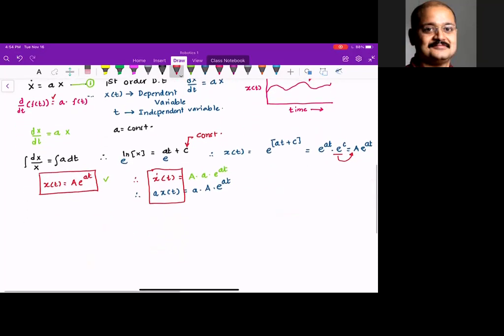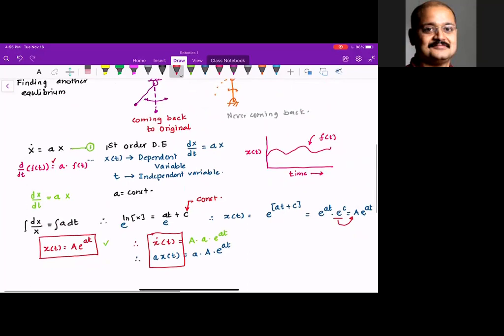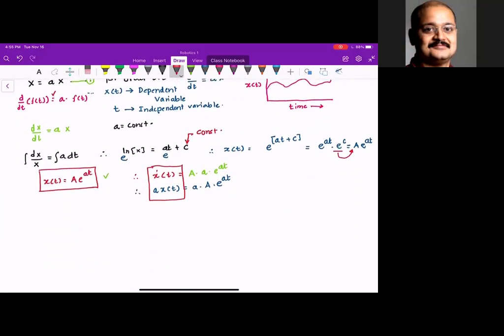Now this brings us to some interesting observations. Now what I want to do is, I want to ask you this question. Let's plot time versus x(t). This is very important, so please understand.